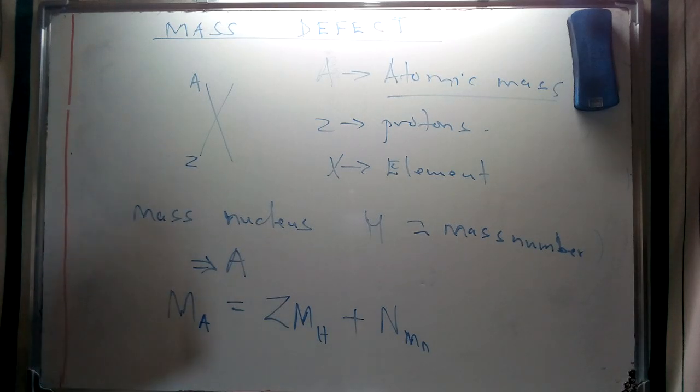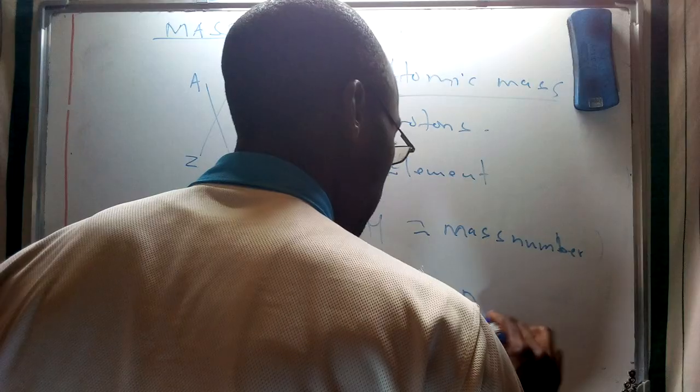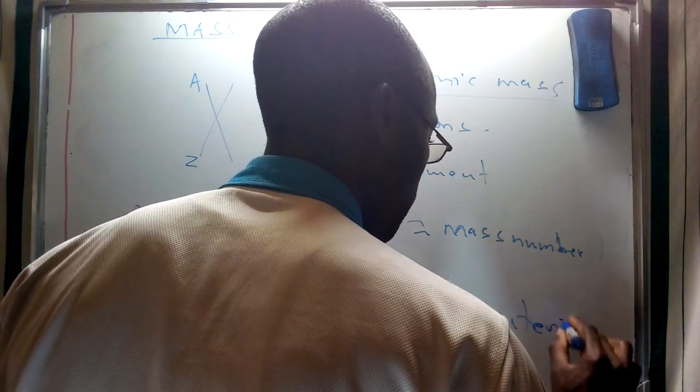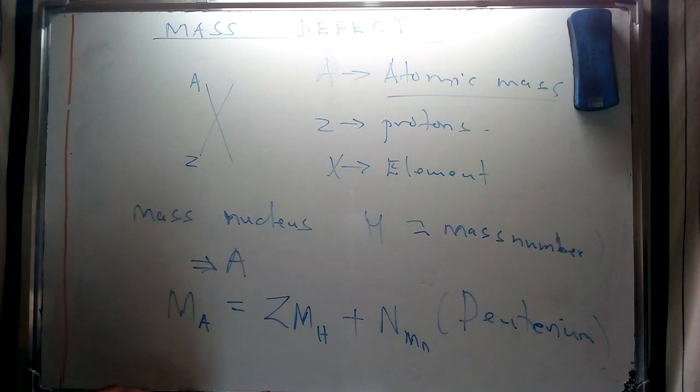I'm going to take this specific example for an element, the element deuterium, which basically consists of one proton and one neutron, that I'm going to use in this illustration.